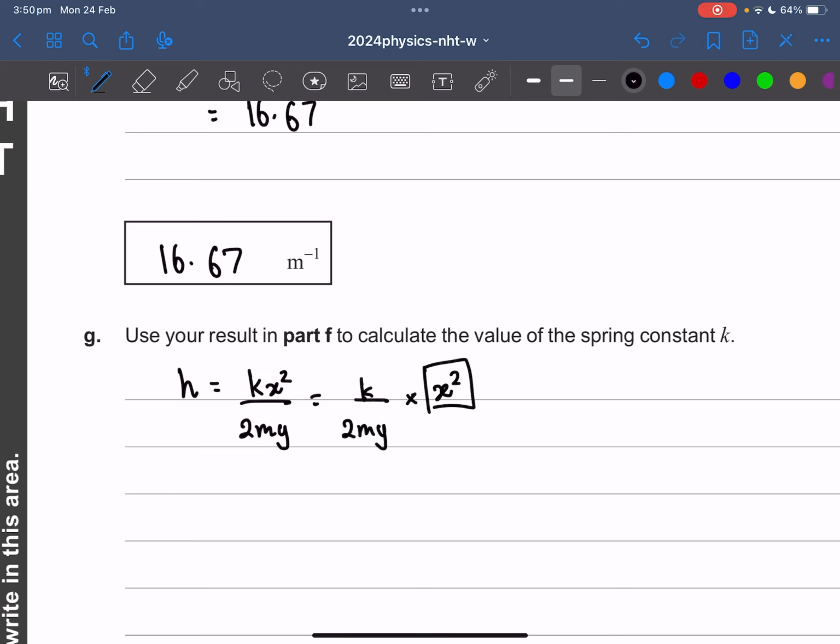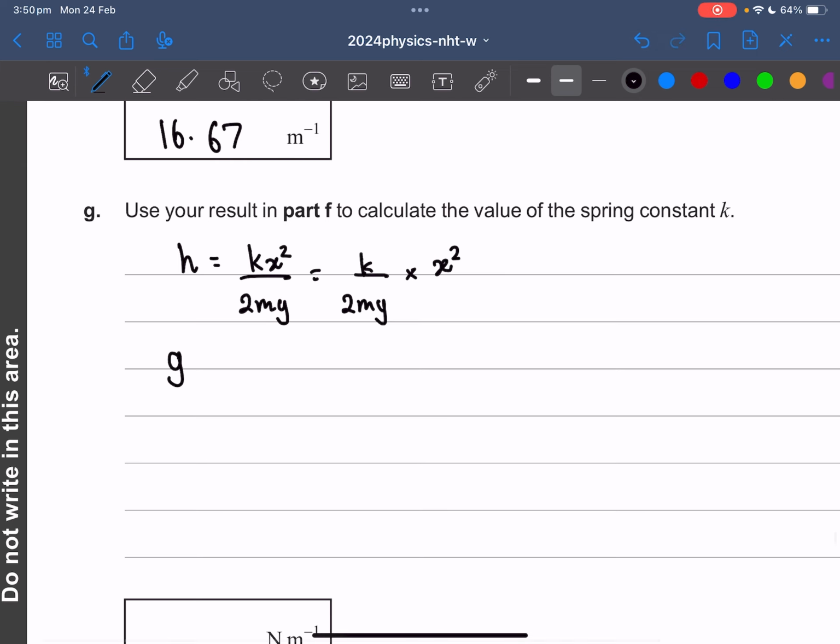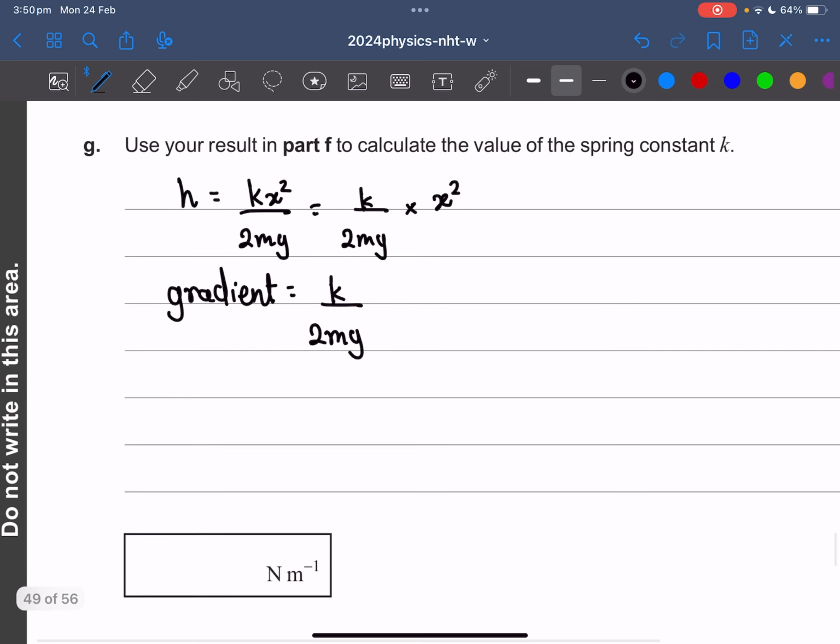Because we are plotting the graph against x squared and not x, this over here will be our gradient. Does that make sense? Okay, so gradient is equal to k on 2mg. So k is equal to 2mg times the gradient.